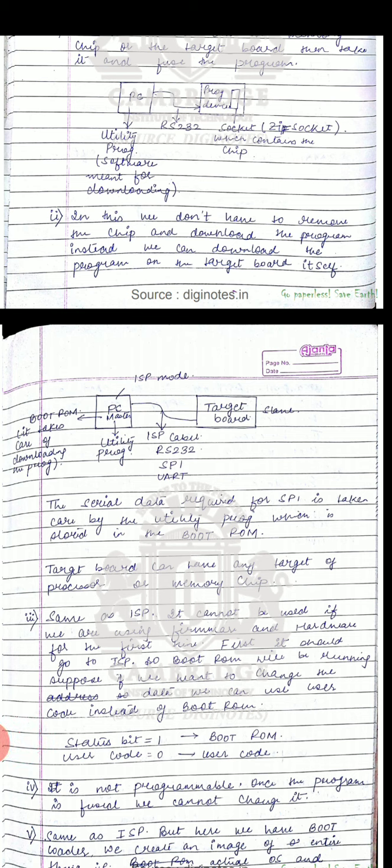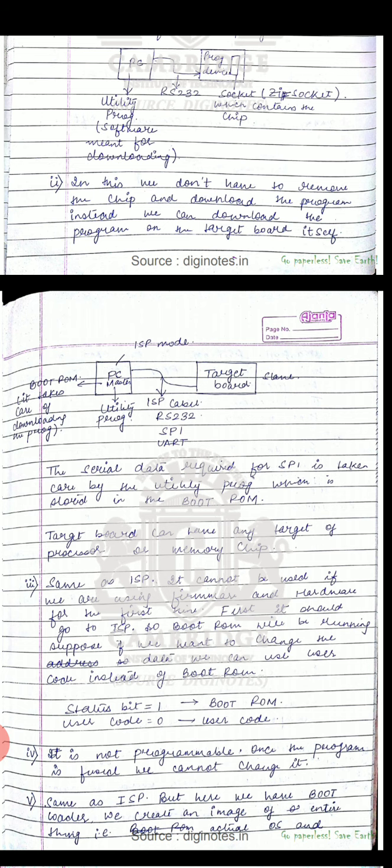We will use some types of flags. If the status flag bit is 1, we use the boot ROM. If it is 0, the user code will be running on the embedded system. So this is what in application programming is.